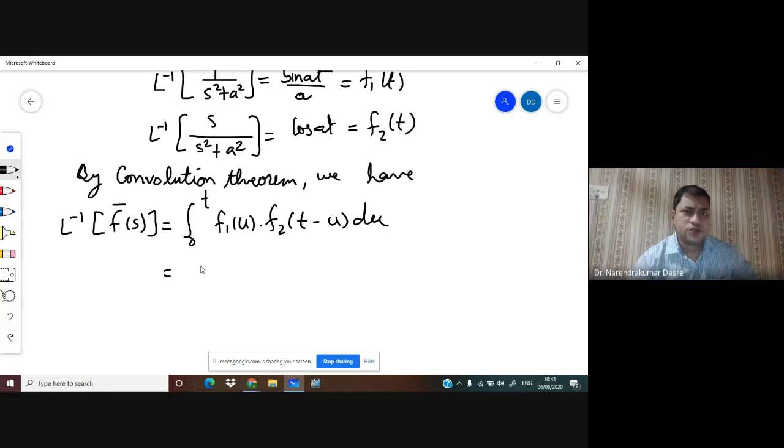So this is equal to the integral 0 to t of 1 by a, sine of au into cos of b times t minus u, du.